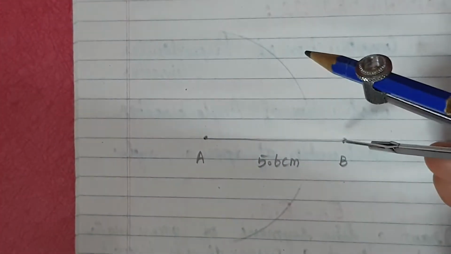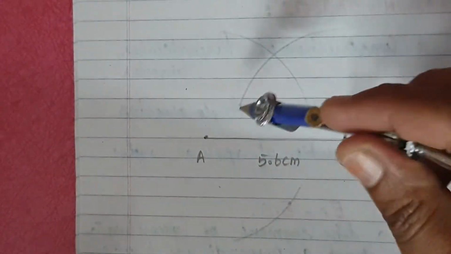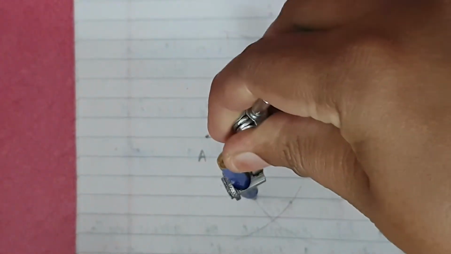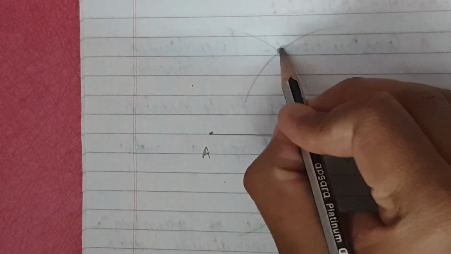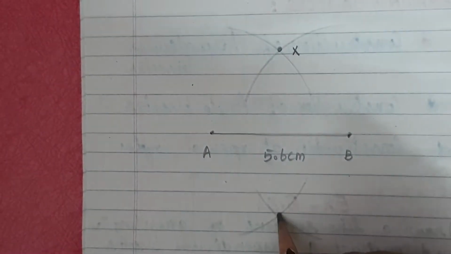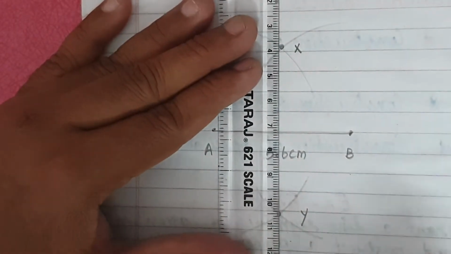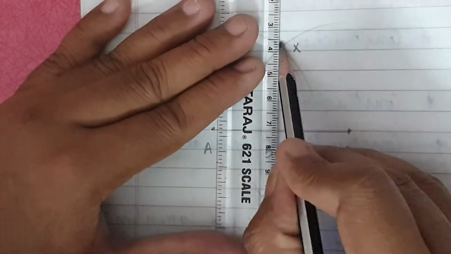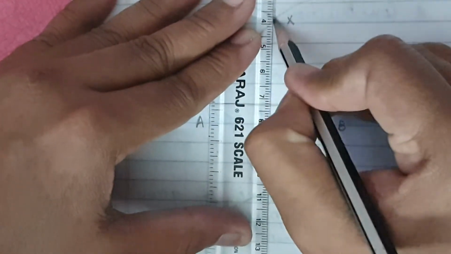With the same radius, with B as center, draw one arc above and below to cut the previous arcs. And now you name it as X and Y. Now you join using a long scale, as a line, not a line segment, using dotted lines like this.